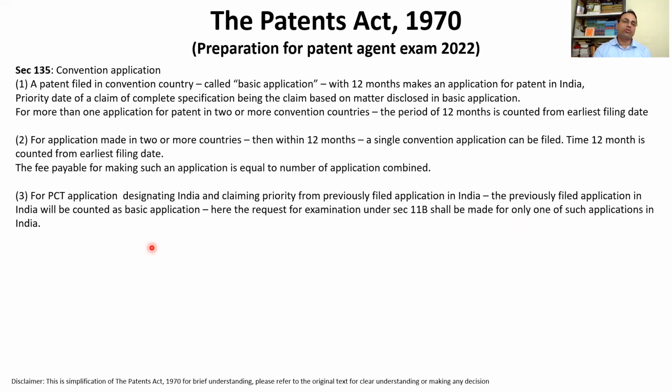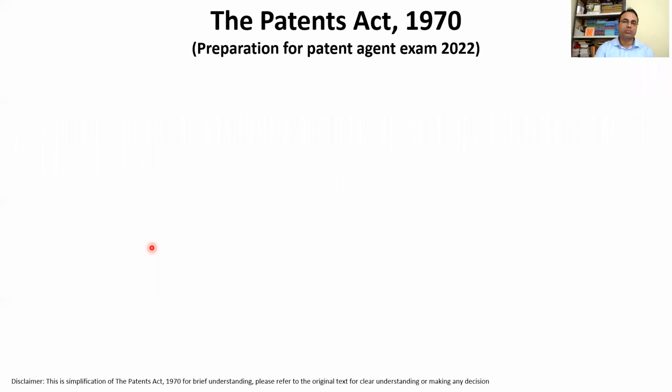So for example, you file in India and then you enter through the PCT route, and again through the PCT route you enter India, then you can request examination for only one. Either you apply for examination for the basic patent that you filed in India, or for the one in which you designated India. Very simple, very logical: why would the Indian Patent Office examine the same application twice? They will do it only once, and you can choose which one.